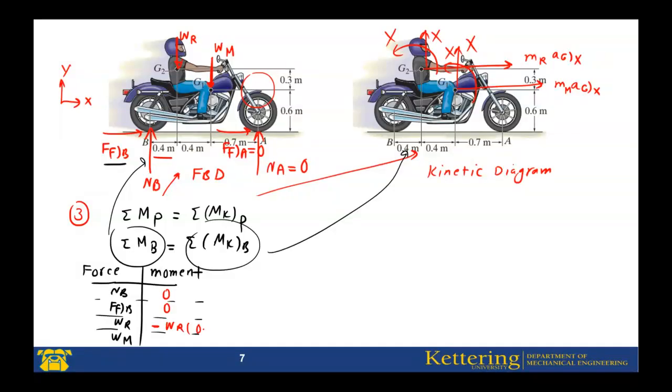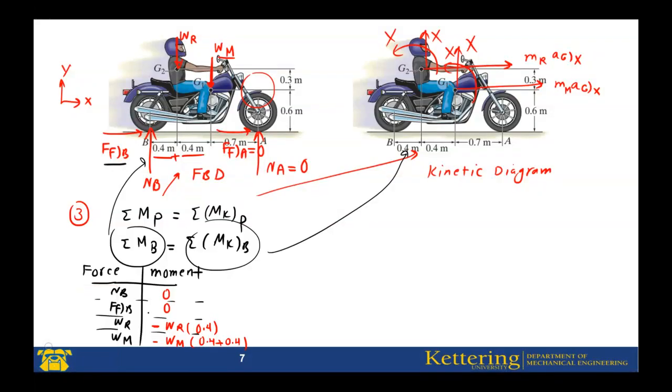This distance is 0.4. Same for the weight of the motorcycle, minus W of the motorcycle, then this distance plus this distance, 0.4 plus 0.4. This is the left hand side of this equation.